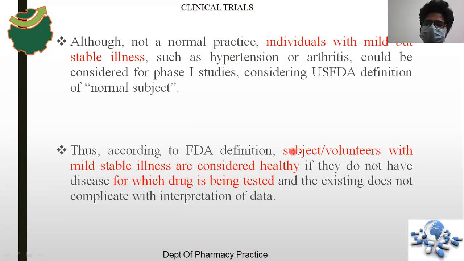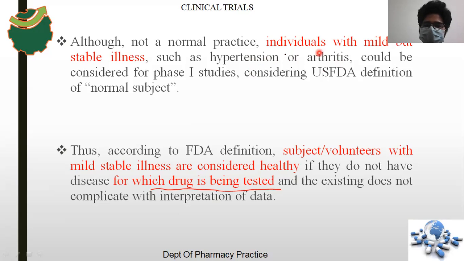According to the FDA definition, subjects or volunteers with a mild stable illness are considered healthy if they don't have the disease for which the drug is being tested. It means if the patient has hypertension or arthritis, and you are dealing with an anti-epileptic drug or antibiotic, then obviously they don't have any link with this. An antibiotic is not going to treat hypertension or arthritis, obviously, right?